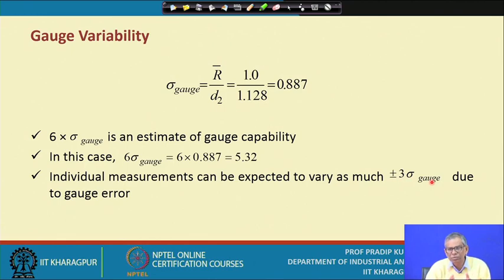So the total area is UNTL minus LNTL. Now what is the variation? The variation is across the mean, plus minus 3 sigma gauge from the mean. That is the area you specify as due to gauge error.